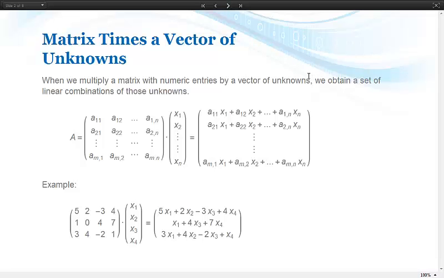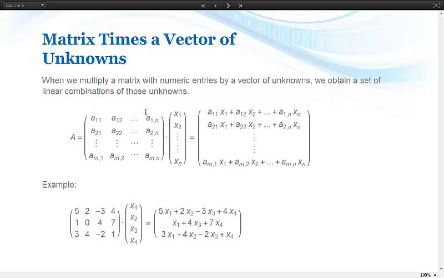When we multiply a matrix containing numeric entries by a vector of unknowns or variables, we get a linear combination of those unknowns. For example, here I have a matrix where the aij's represent numbers and the x's represent variables. By the way we multiply matrix times vector, we do the dot product view.